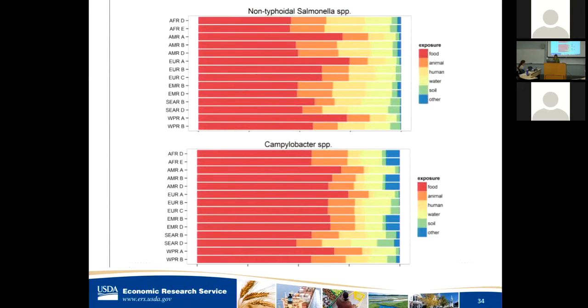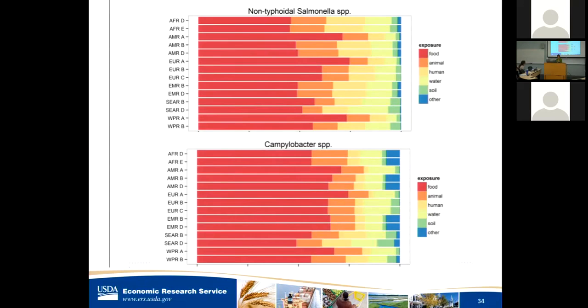So this gives you an idea of some of our attribution results for the main pathways. Salmonella and Campylobacter are two of the pathogens that were heavily foodborne. For attribution estimates, we do not have country level estimates. We only have sub-regional estimates.